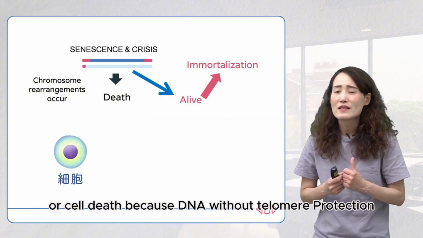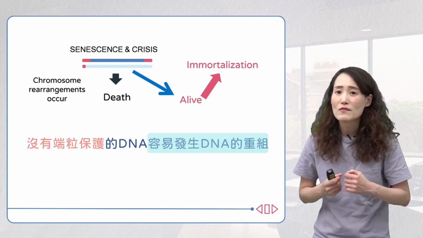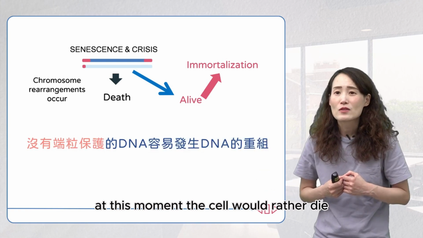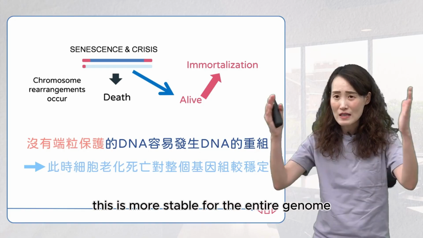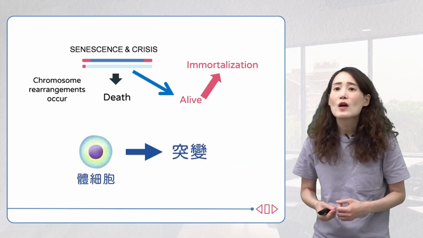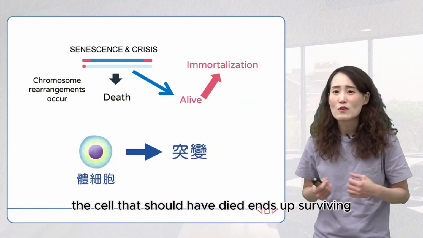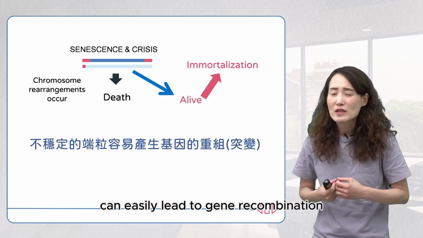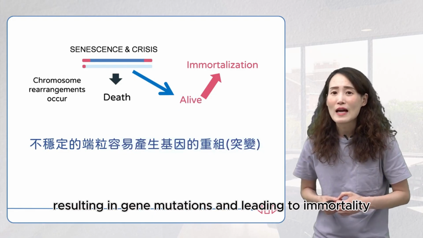Because DNA without telomere protection is very susceptible to DNA recombination. At this moment, the cell would rather die, age, and die off. This is more stable for the entire genome. Conversely, if this somatic cell undergoes some mutations, activating telomerase again, the cell that should have died ends up surviving. Unstable telomeres can easily lead to gene recombination, resulting in gene mutations and leading to immortality.